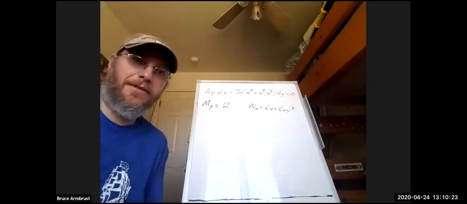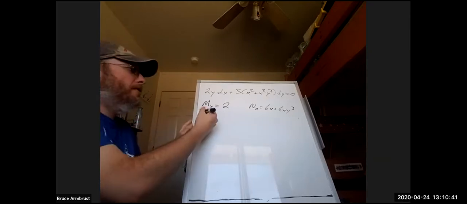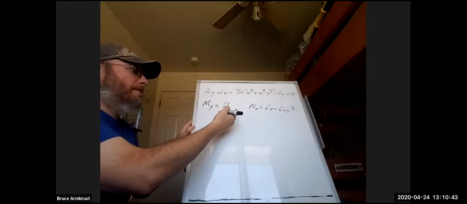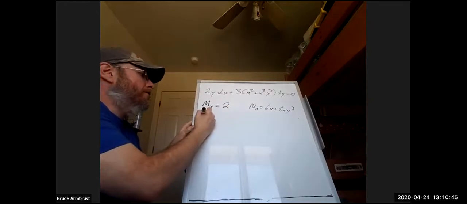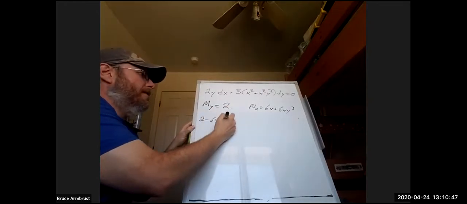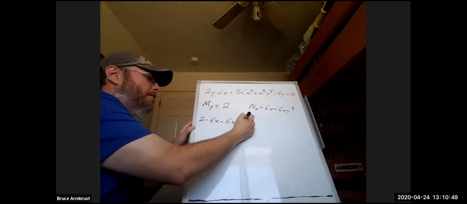And what I really liked, I don't know if you saw this, but Thea was doing something like this, there's the P of x, this and that. Yeah, so we know we want to kind of lump it into the two. And we're looking for some function of x times N minus some function of y times M. So let's rewrite this. My minus Nx, that's going to be 2 minus 6x minus 6xy cubed.